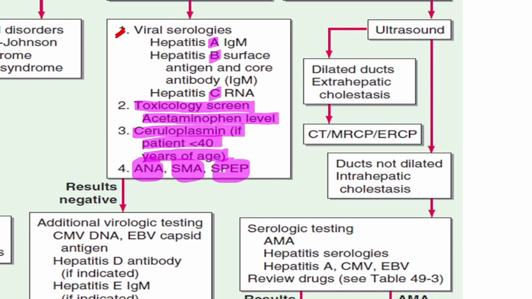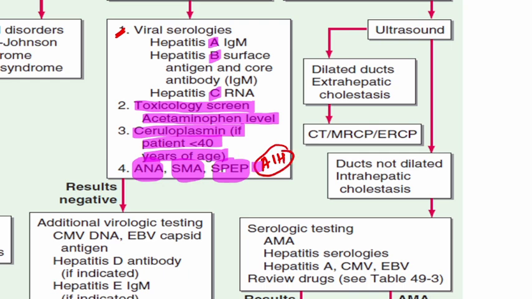It is a different topic in itself, but serum protein electrophoresis is done to estimate the amounts of globulins in the blood. In autoimmune hepatitis, globulins are elevated. That is why we do these three tests, ANA, SMA, and SPEP, just to look out for the cause of autoimmune hepatitis.